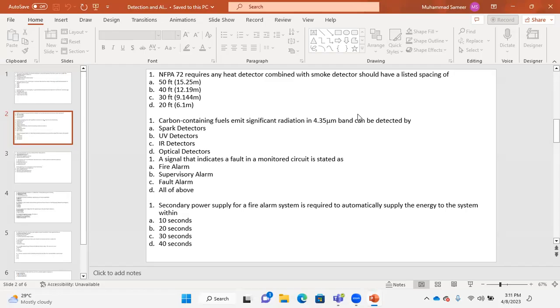Next question, carbon containing fuels emit significant radiation in 4.35 micrometer band, can be detected by. Anyone else?